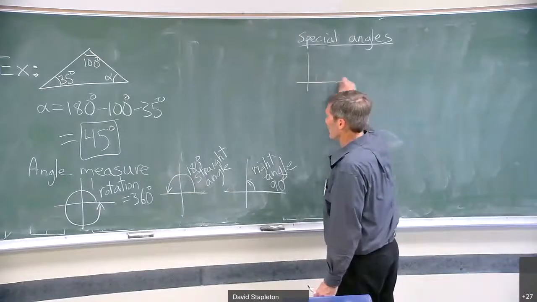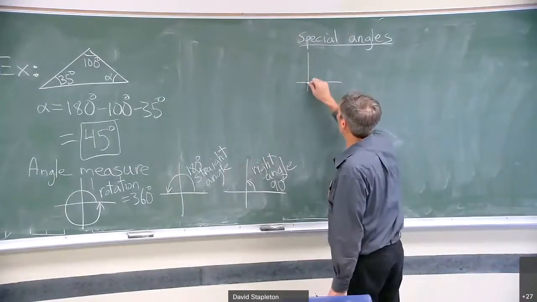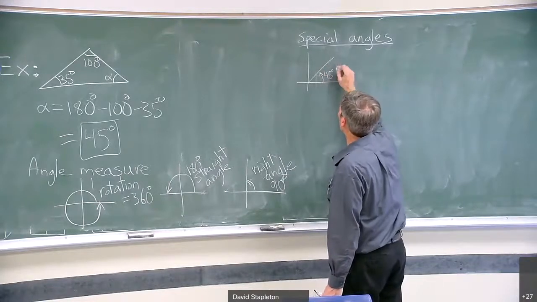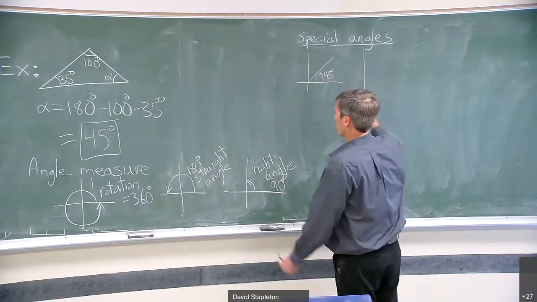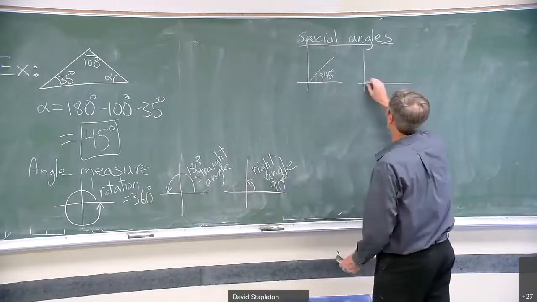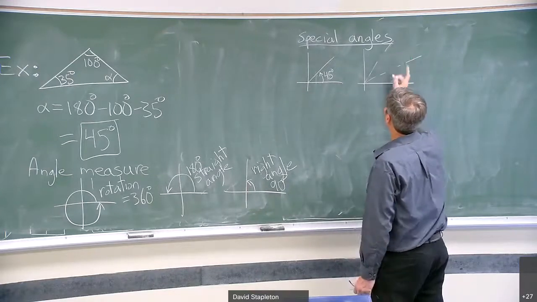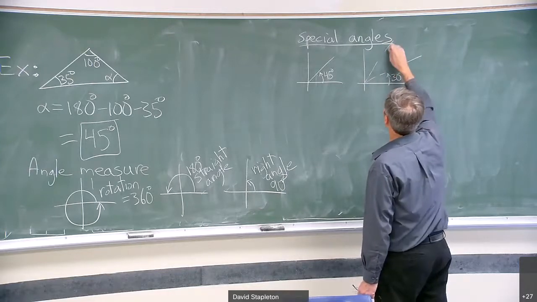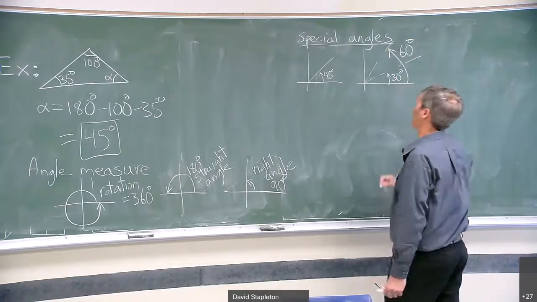We could take, for instance, we're doing half, half. We could do half again and say that's 45 degrees will be a special angle. Or we might break this right angle into three equal pieces, right? 90 divided by 3 leaves 30 for this one, and then twice that is 60 for this one. These will be special angles also.